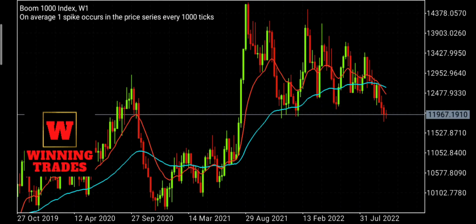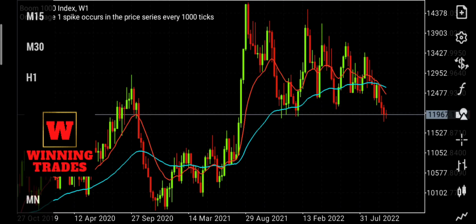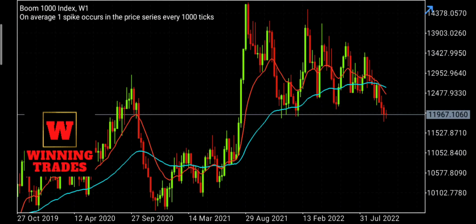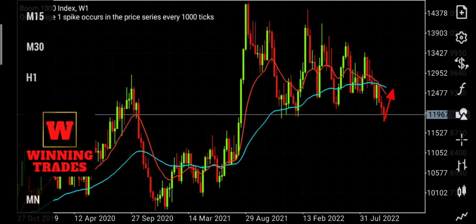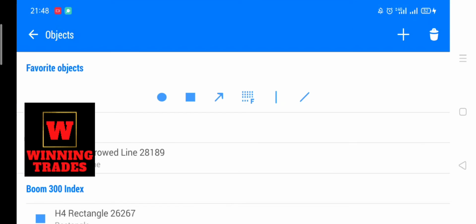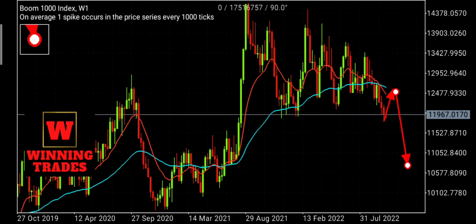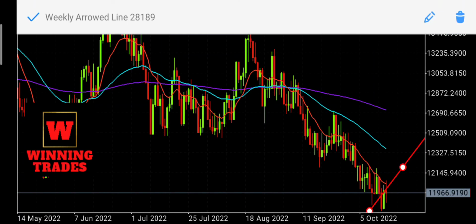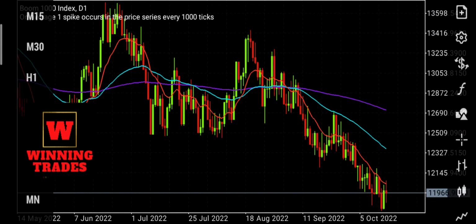There's a rejection here, but I would support a buy. I would see a buy here and then see a buy on weekly before price smashes it down all the way to this zone here. So for this week, I will be supporting a buy.